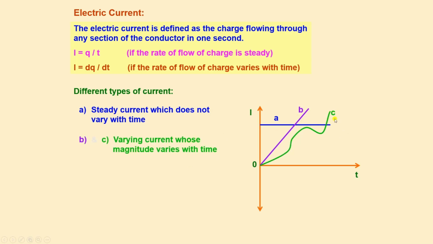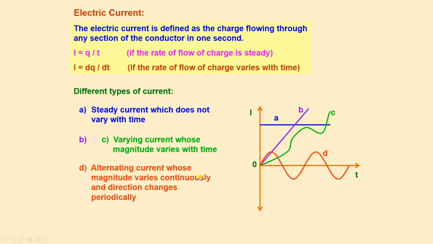Lines B and C represent varying current, whose magnitude varies with time. The next one is this red line, showing the alternating current, whose magnitude varies continually and direction changes periodically. Here magnitude is changing and direction is also changing periodically. That type of current is an alternating current.